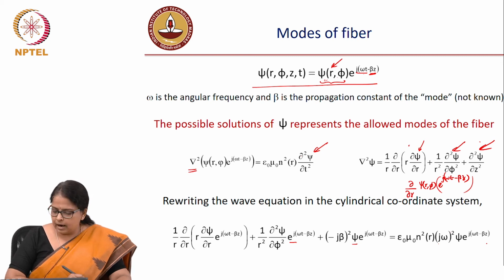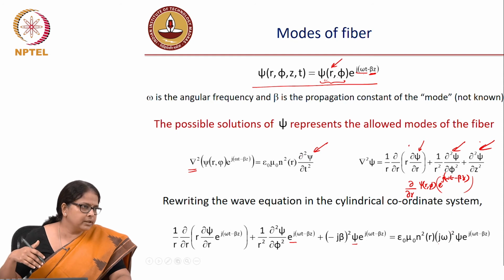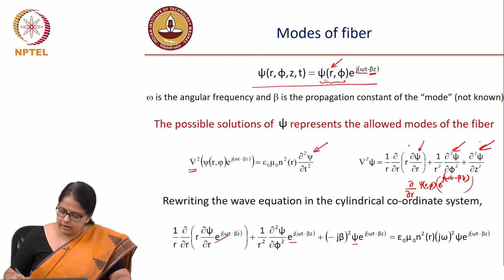Now what you can take out as common is e power j omega t minus beta z, so you just write the coefficients of it everywhere. What do you get? I will not have the exponential in any term. What will I have? 1 by r del by del r of del psi by del r. Now, I can take the derivative of this. What is the derivative of this?